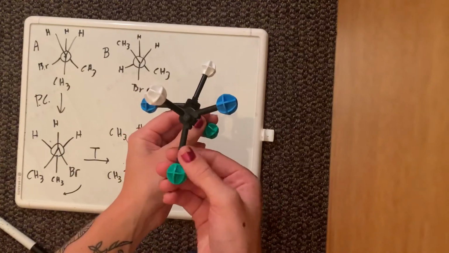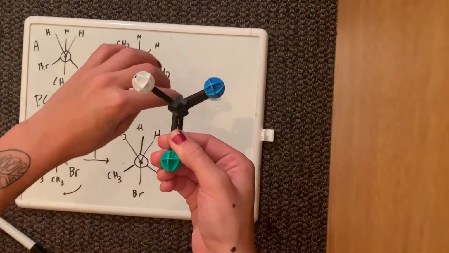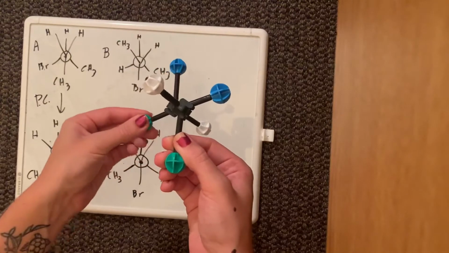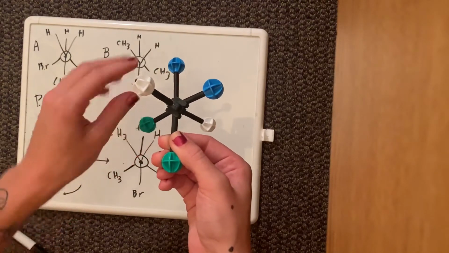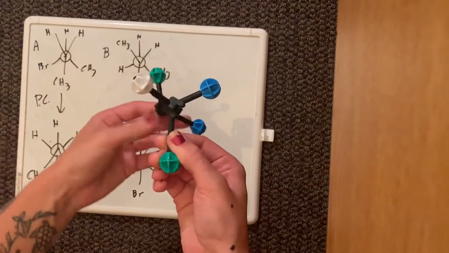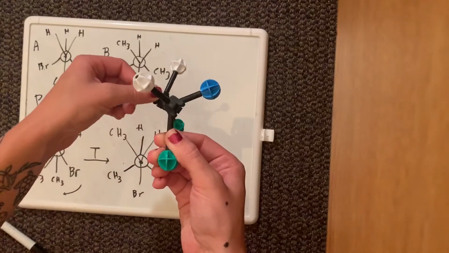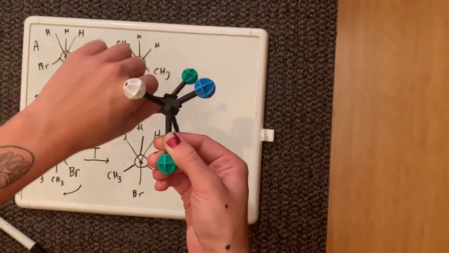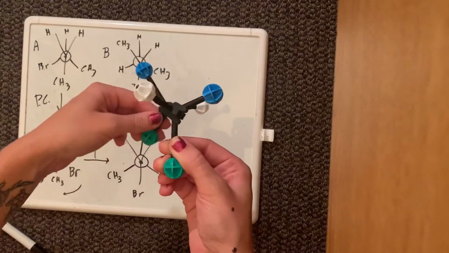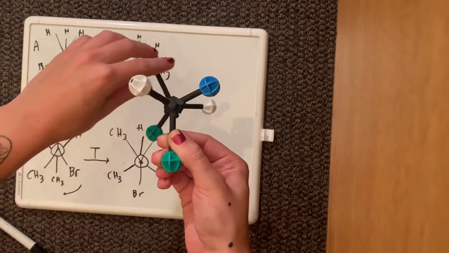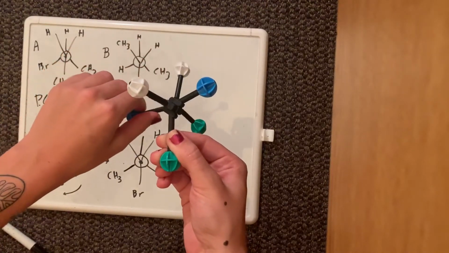And I know that it's hard to see with my hands in the way, but if my CH3 was right here, and I need to rotate the back carbon, I could rotate it this way, go all the way around like this, or I could recognize that it's already down here and turn it like this.